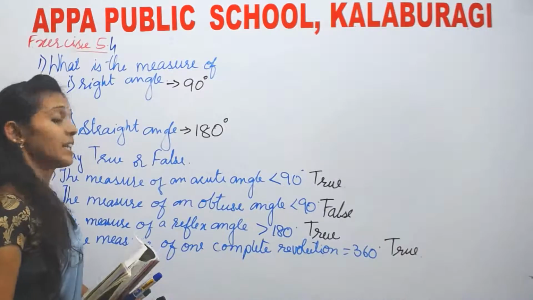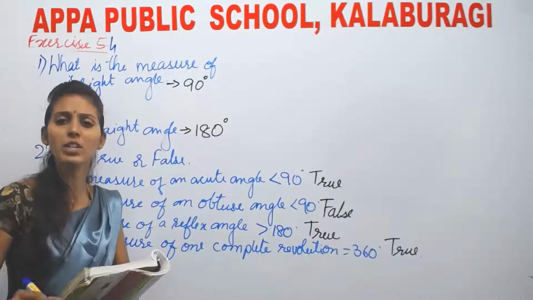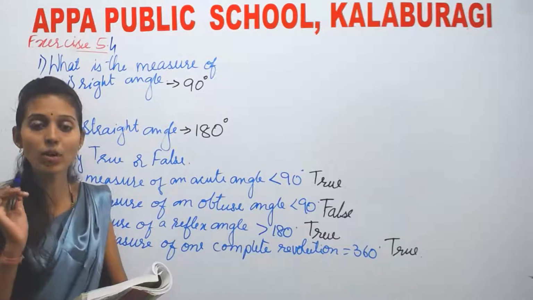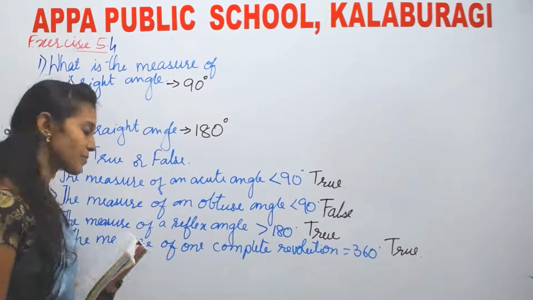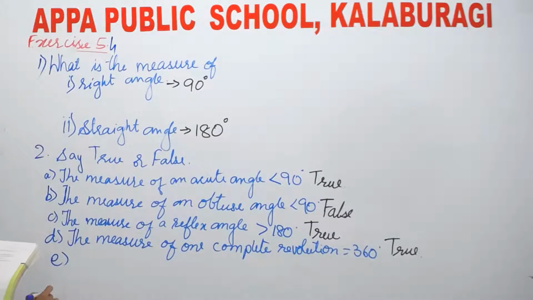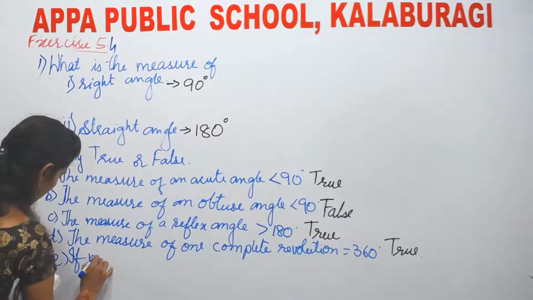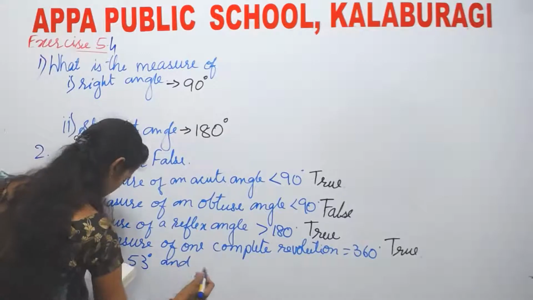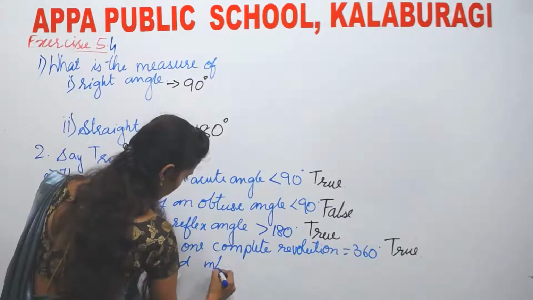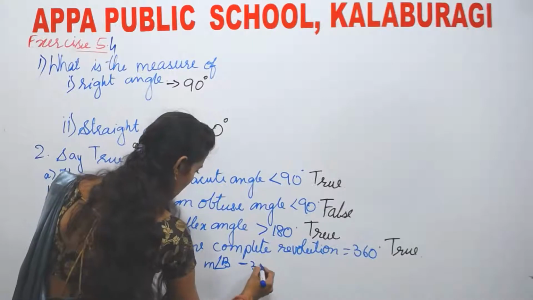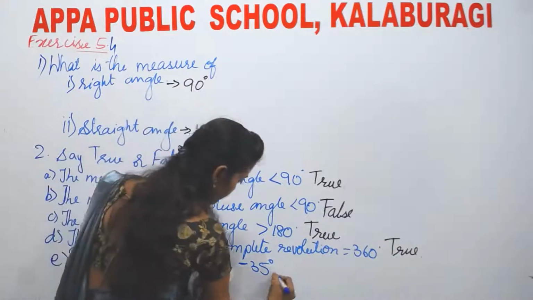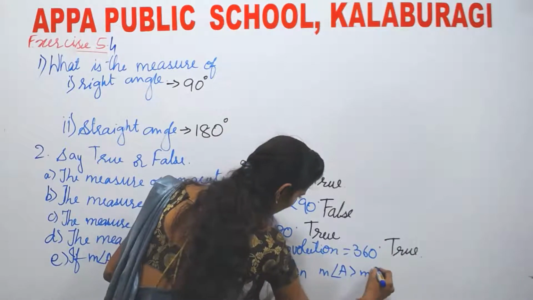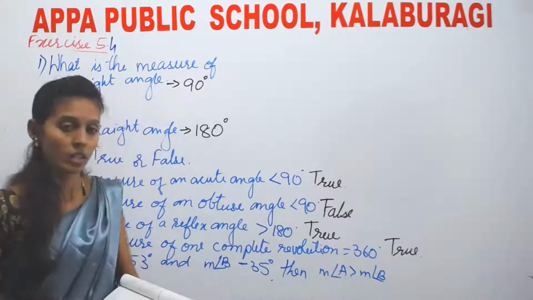If it is true, no need to give much more explanation. If it is false, we have to correct it. We should give the explanation why it is false, what is the correct statement. Next one. If measure of angle A is 53 degree and measure of angle B is 35 degree, then measure of angle A is greater than measure of angle B. Is it right or wrong?